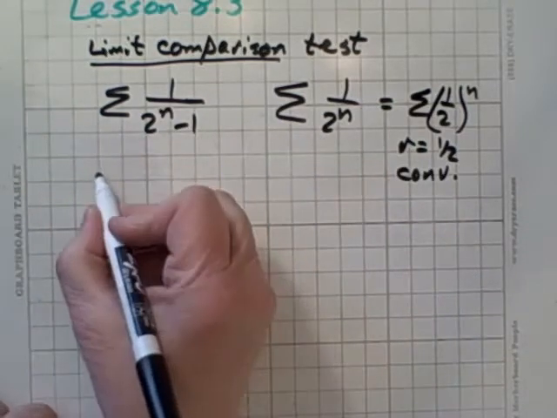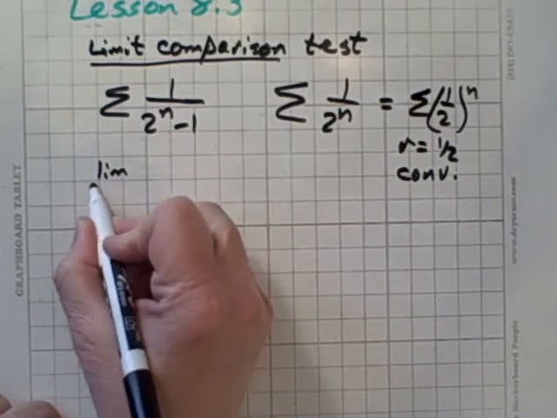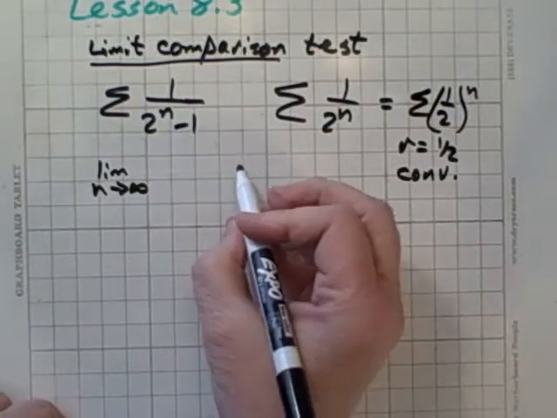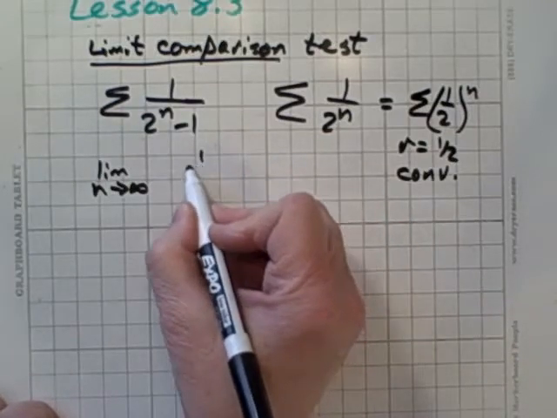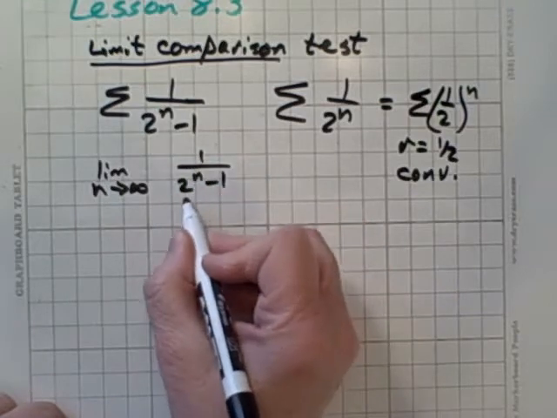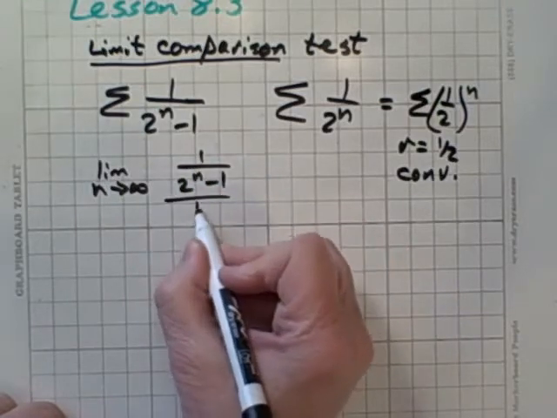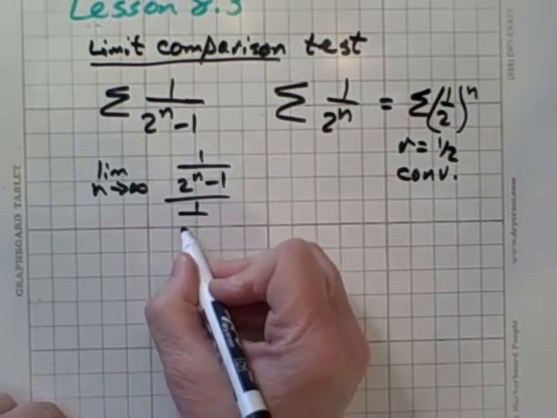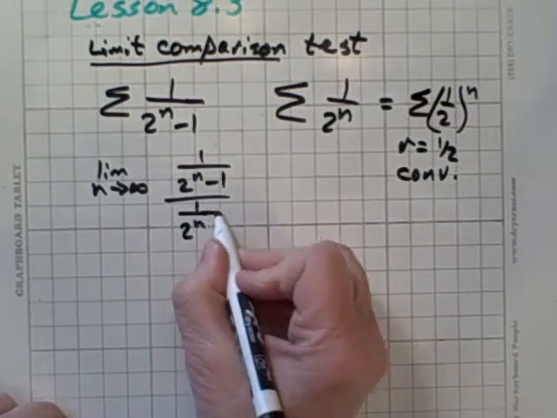Again, that is, take the limit as n goes toward infinity on the division of the two nth term formulas. It really, again, doesn't matter which one goes on top, which one goes on the bottom. I will put the 1 over 2 to the n minus 1 in the numerator, and 1 over 2 to the n in the denominator.